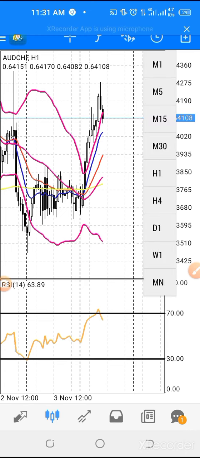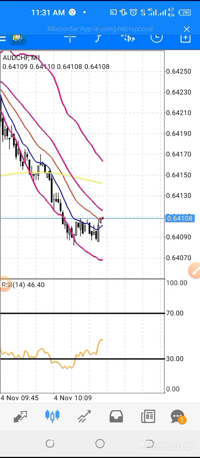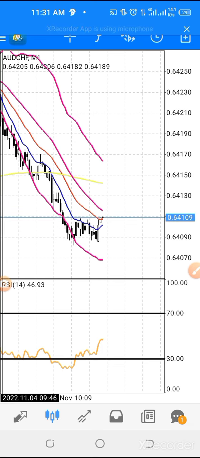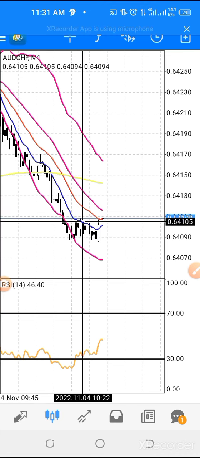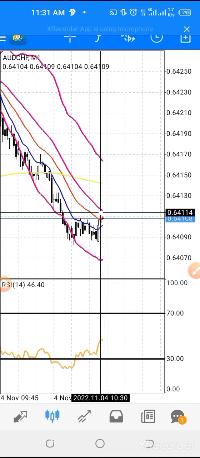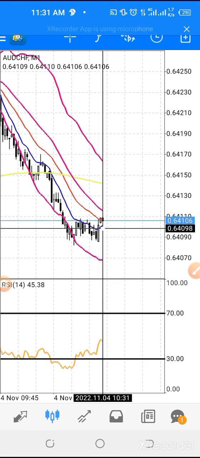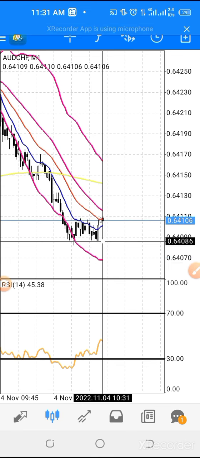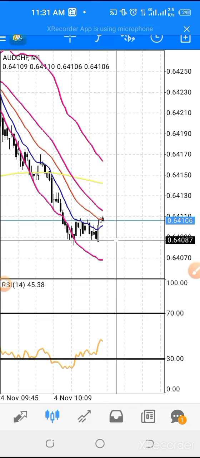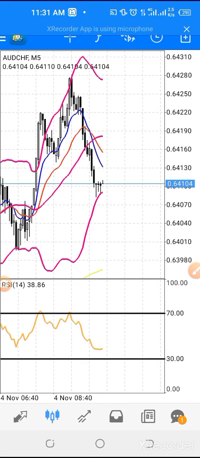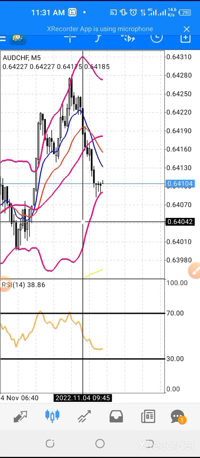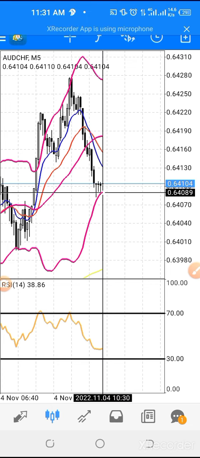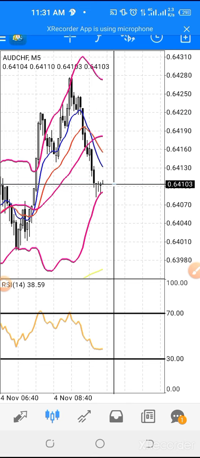All right, so let's say we select our 1 minute time frame. What this means is that each of these candles you find on your trade chart is a representation of 1 minute. So it means that this very candle will take 60 seconds to close and a new one will be formed. All right, so if we are on the 5 minutes time frame, it also means that each of these candles took 5 minutes to form.